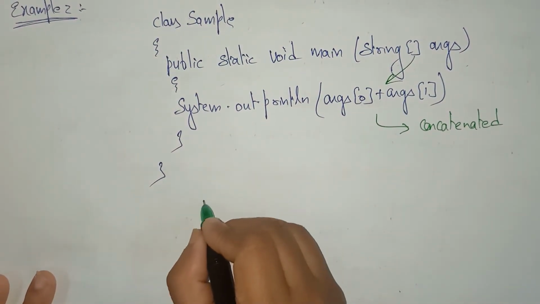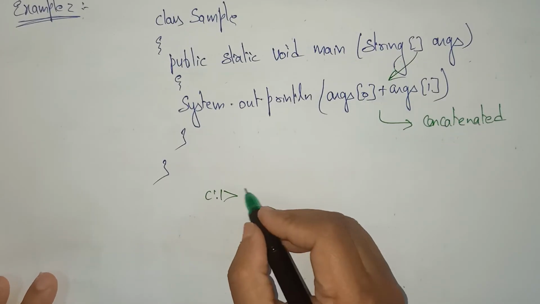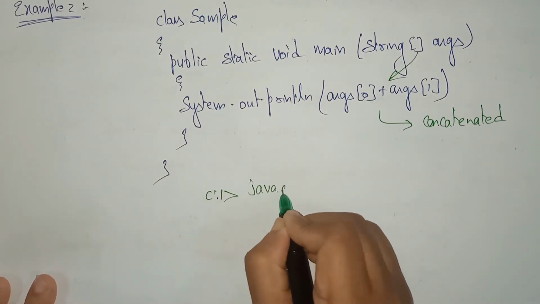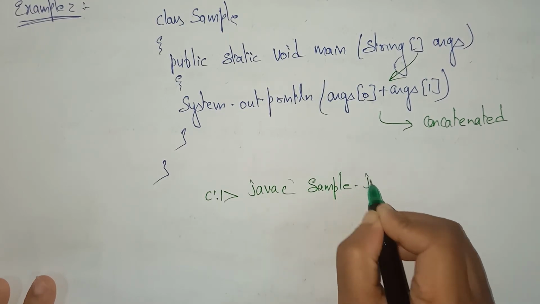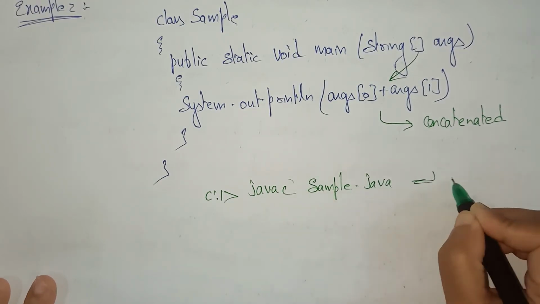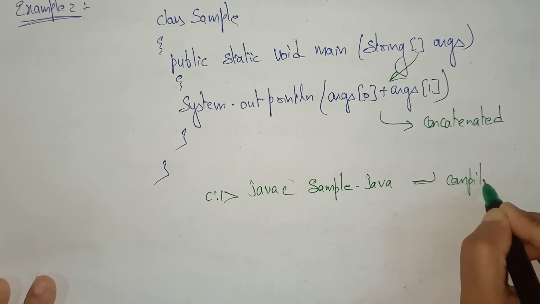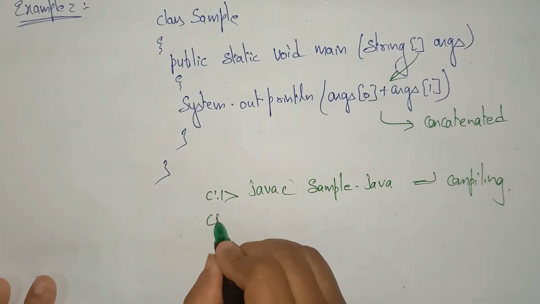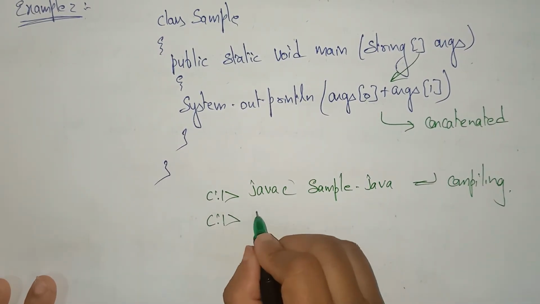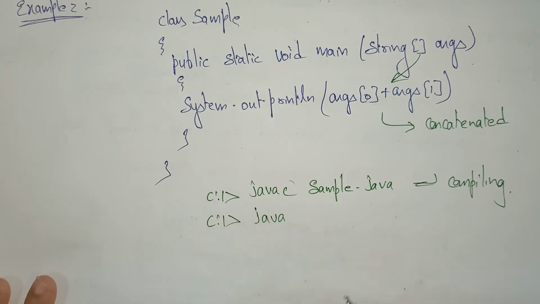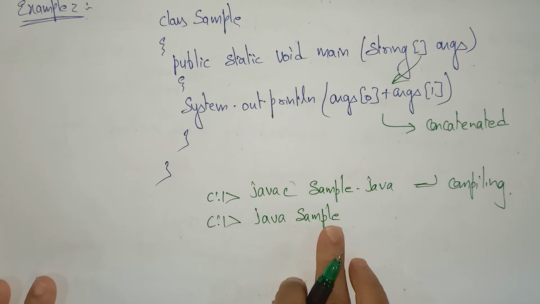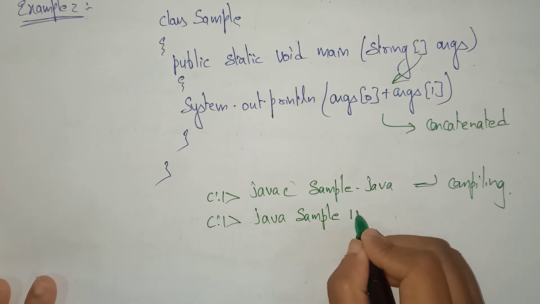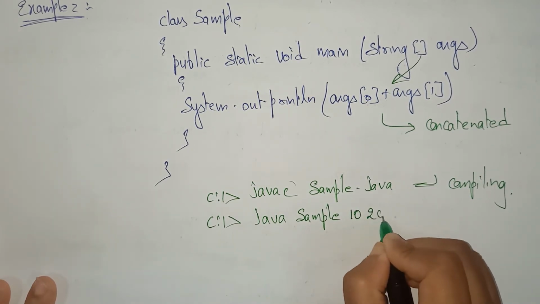So in the command prompt, type javac sample.java. This is compilation, compiling the program. After compiling, you have to execute. How are you going to execute? java sample, where sample is my class name. Here you have to pass the arguments. Let's give 10 space 20.